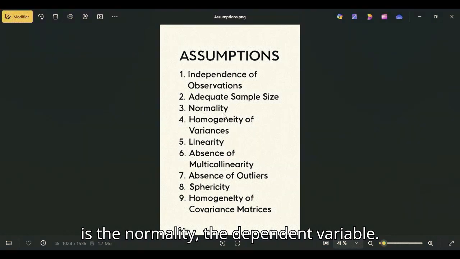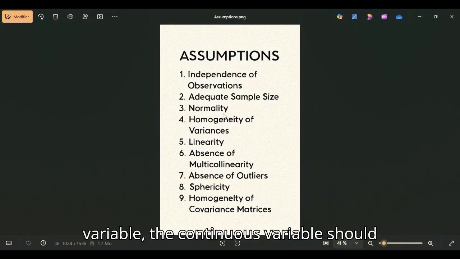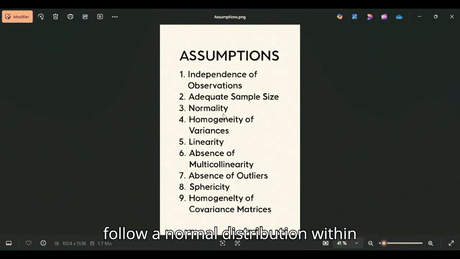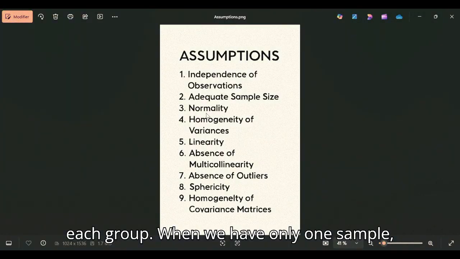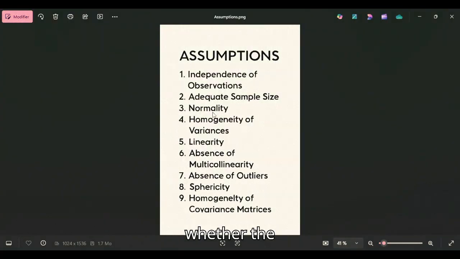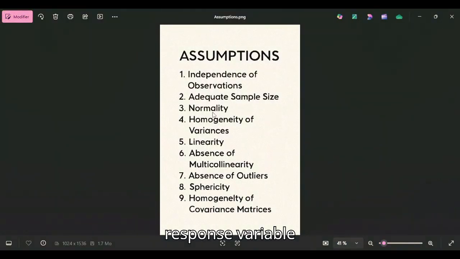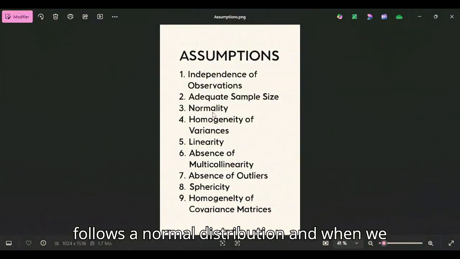The dependent variable, also called the outcome variable, the response variable, or the continuous variable, should follow a normal distribution within each group. When we have only one sample, we must check whether the continuous variable follows a normal distribution.